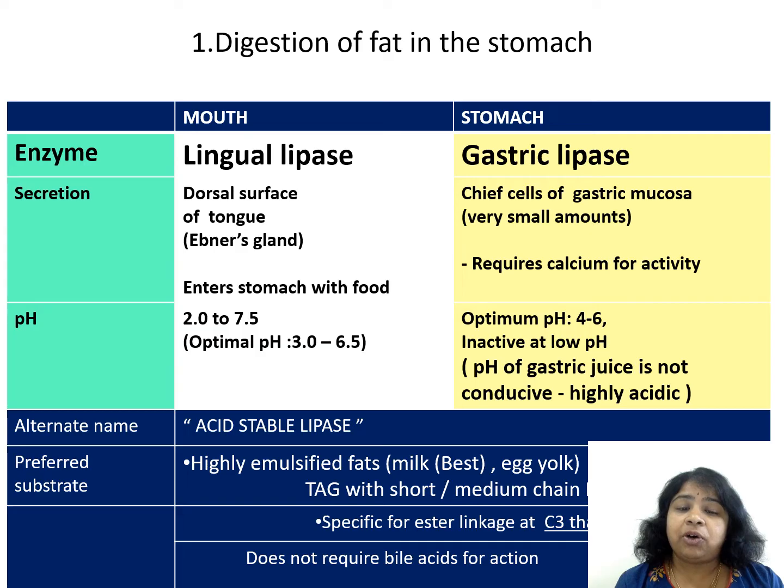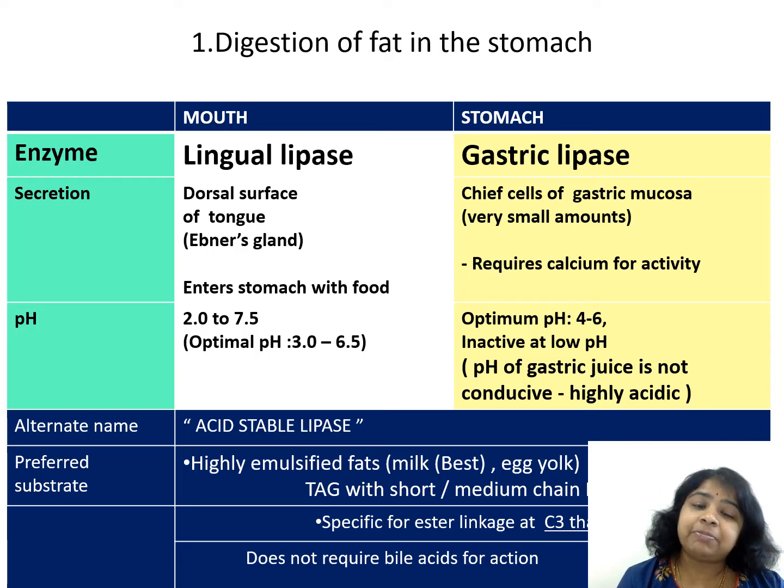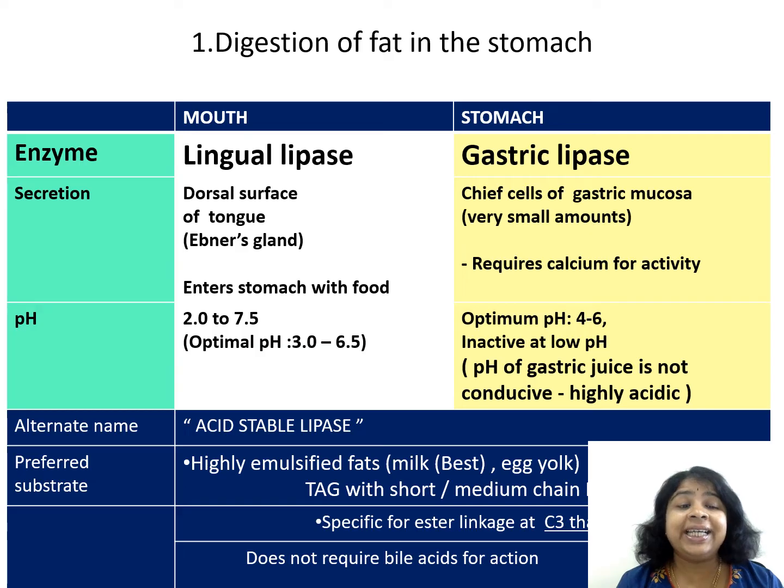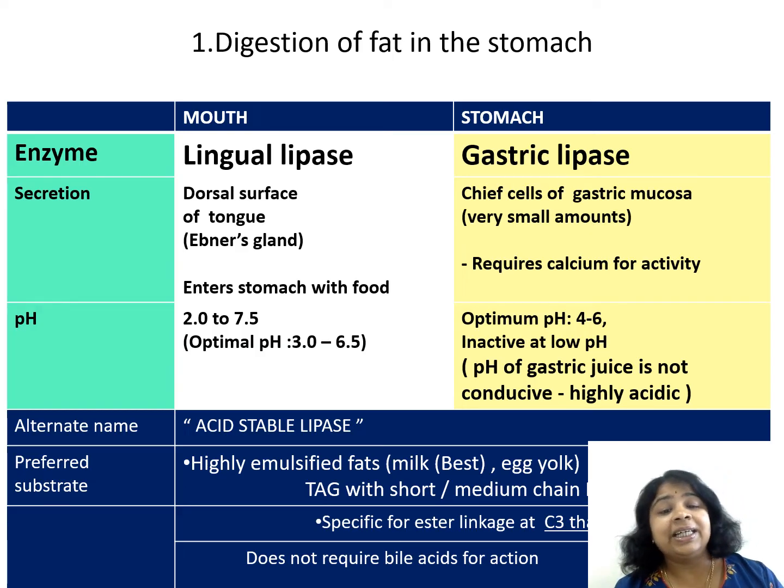And these are called the acid stable lipases, because pancreatic lipases require an alkaline environment, not acid. So these two are acid stable lipases, and they act mainly upon the highly emulsified fats present in milk and egg yolk.